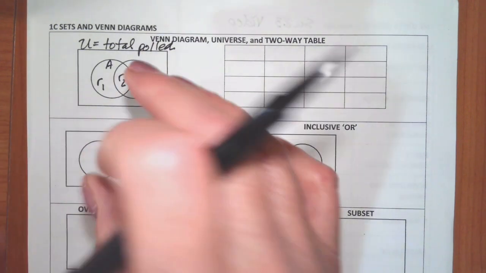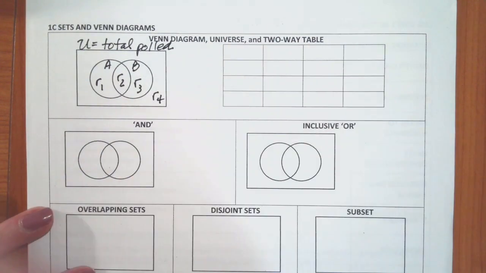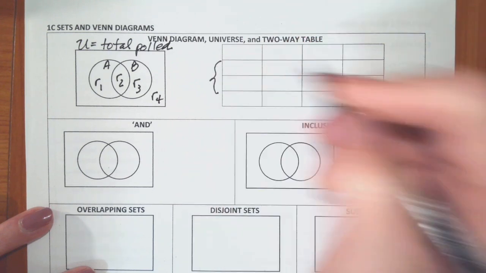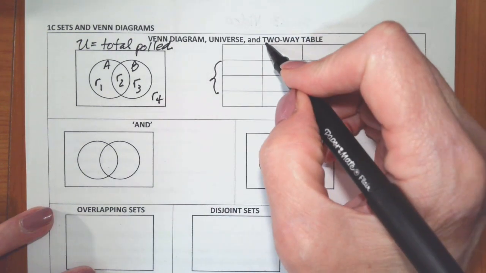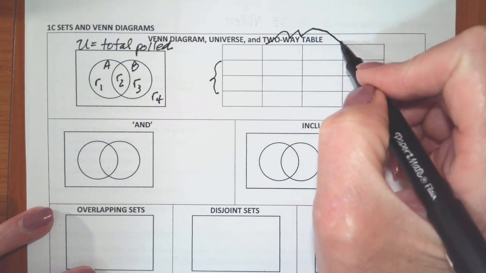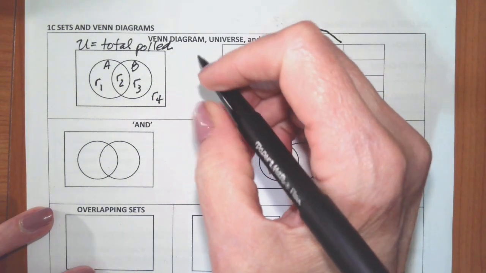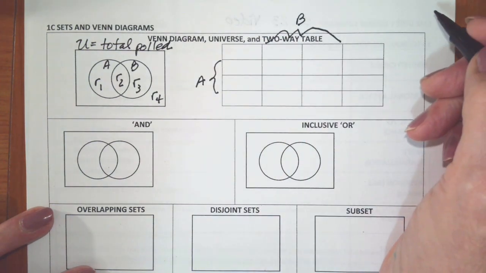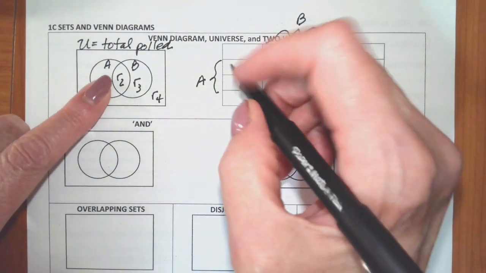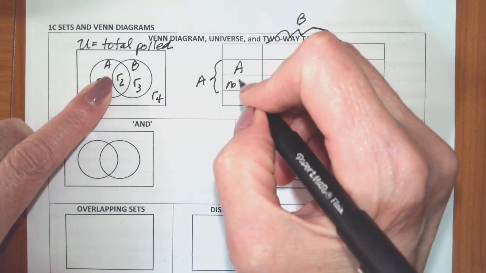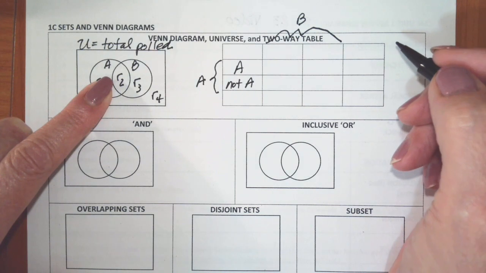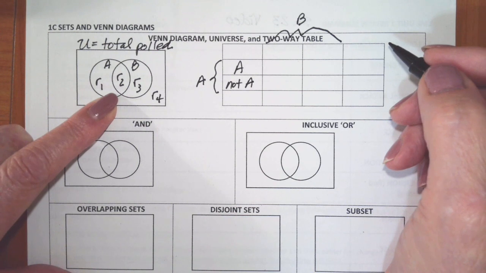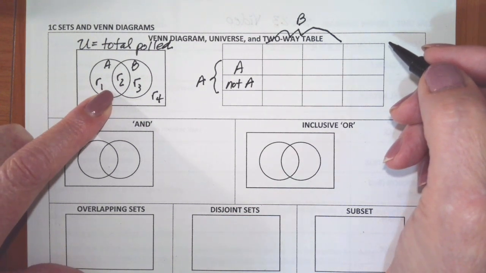So anyway, let's see how we can relate this to our two-way table. So either your rows are going to represent one of the circles, and your columns are going to represent the other circle. So to be consistent with what we did in class, I'm going to let this be A and this be B. So A, you're either A or you're not A. So you're a student or you're not a student, depending upon what your universe is and what they're trying to get information about.